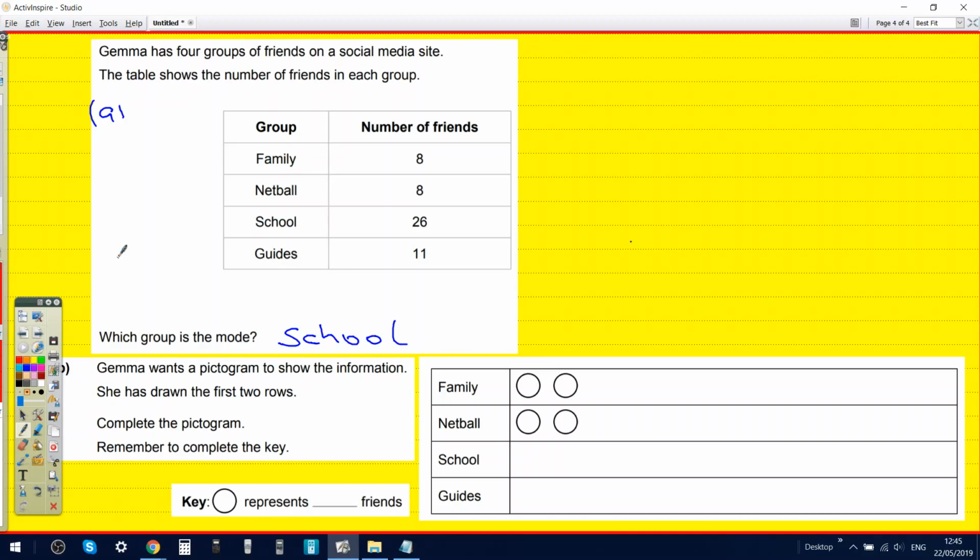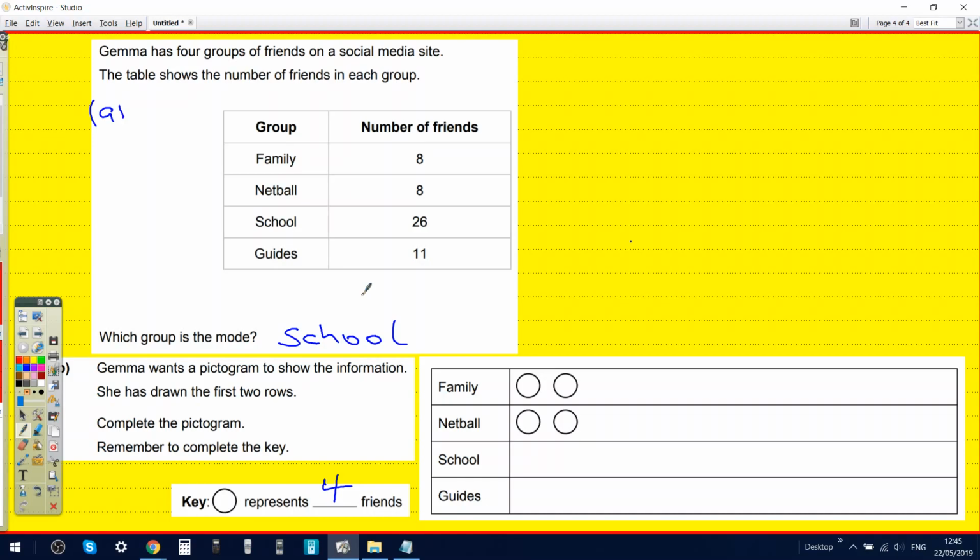Okay, so we know that each circle is going to be 4 then. Next two rows, so schools. So 4. How many times does 4 go into 26? So I know that 4 5s are 20. 4 6s are 24.